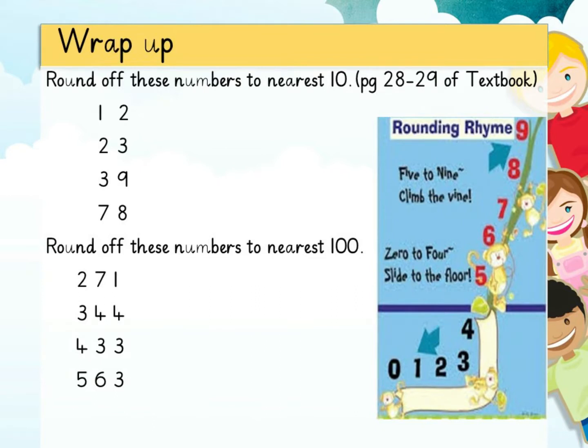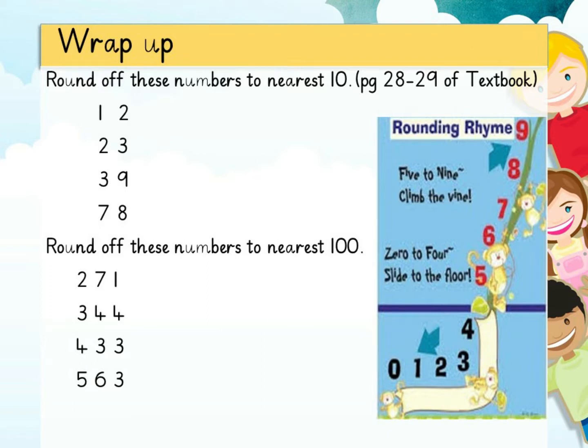Well students, I hope that you were comfortable with the given written task. This is the wrap up time. Let's discuss some answers from the given task. The given values are taken from page number 29 and 28 of the textbook. Within the first question, you have to round off the given numbers to nearest 10. 12, 23, 39, 78.